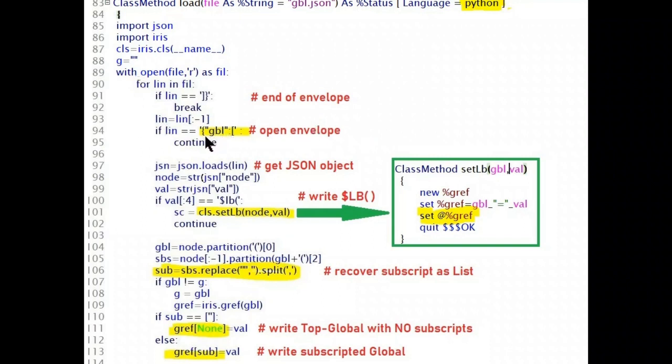You open the envelope that's recognized by this first structure. Then you create a JSON object that you have imported, and from the JSON object you have the node, you have the value.